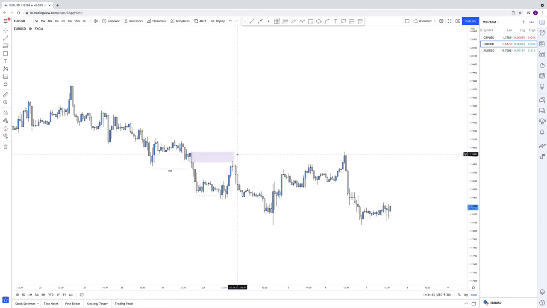So what does that mean? Well, if I look at this area, look how price came in again. Say, what is that? So the 1st of July to not even a week.